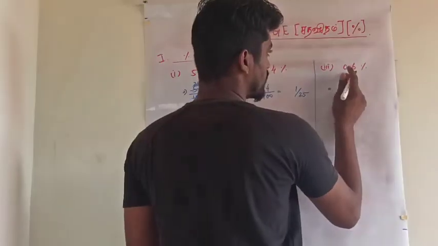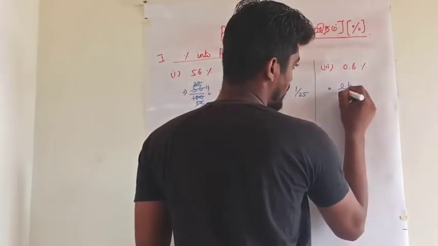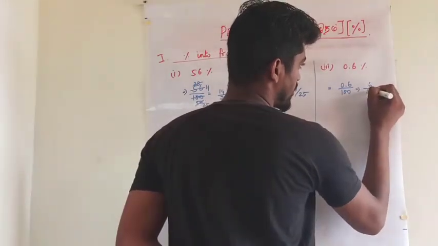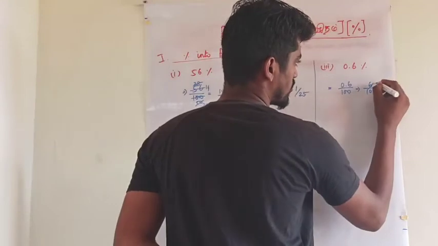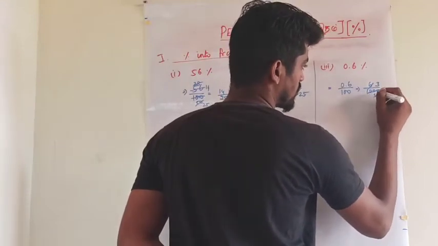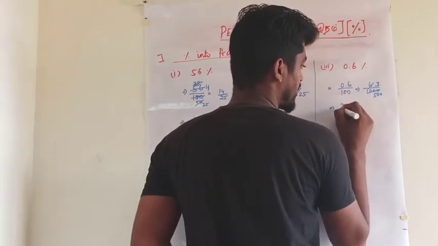Next, the third example is 0.6 percent, which is divided by 100, giving 6 by 1000, which simplifies to 3 by 500.